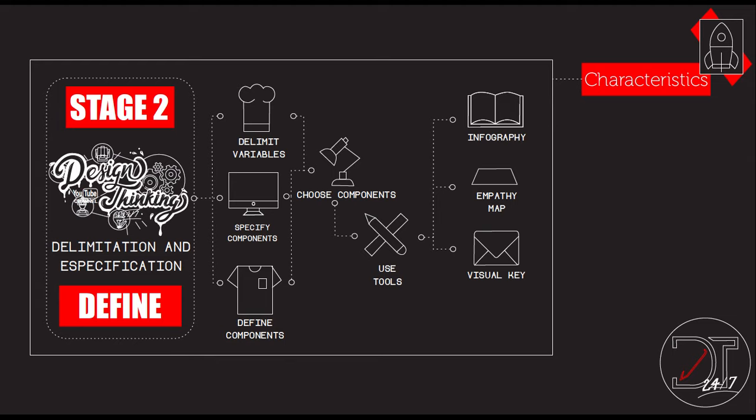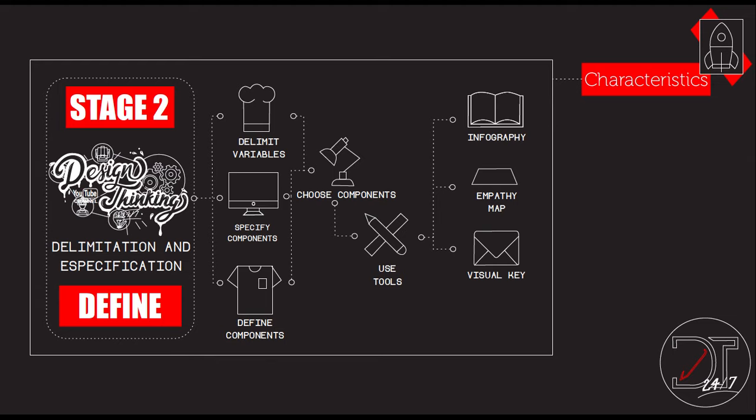The empathy map is also very important because if for some reason in the first stage you analyze a focus group of different kinds of people but you don't understand why they behave the way they do, the empathy map is a tool that allows you to understand all the characteristics that they have.